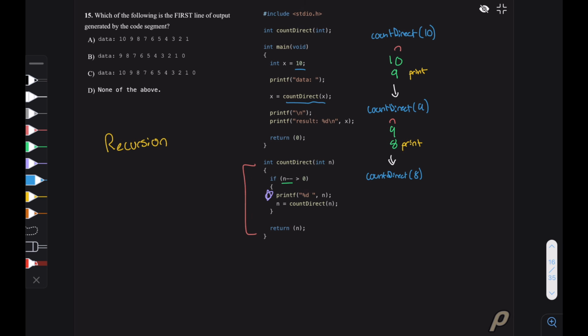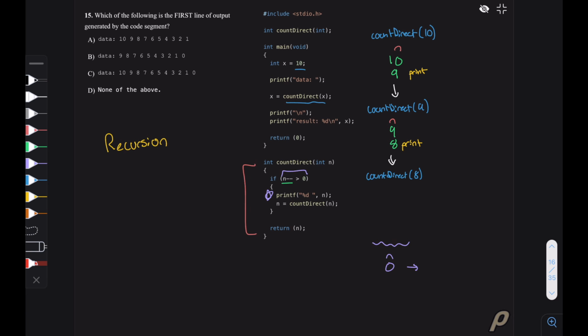We could go all the way down until it stops. But we know exactly when this is going to stop, because as soon as n is equal to 0, we're going to break out of here. If we weren't to break out, it would have gone to -1, and we would have printed a -1.